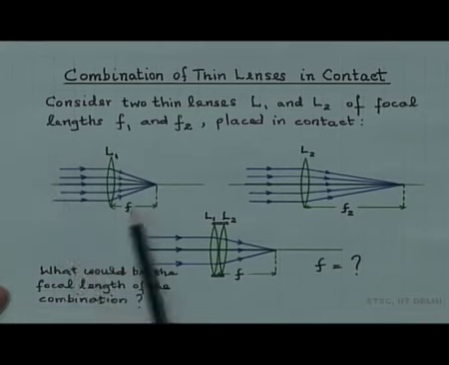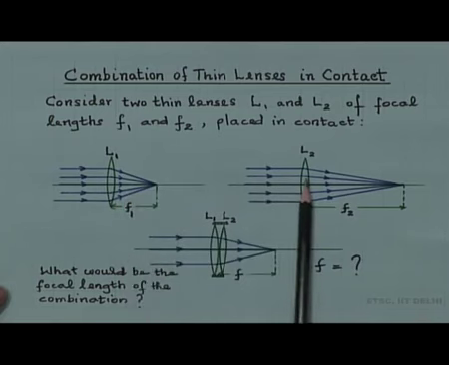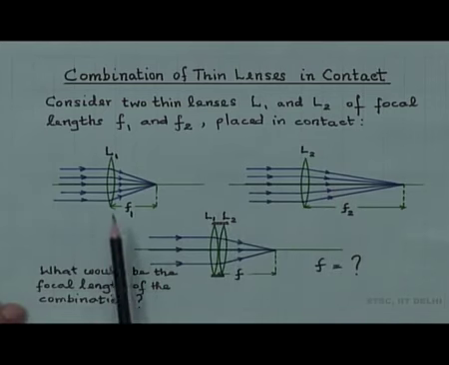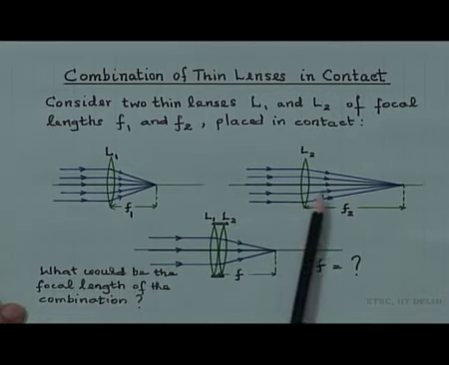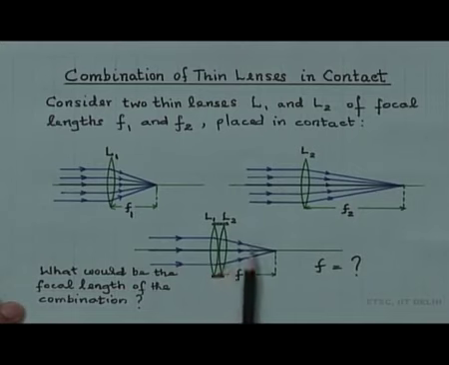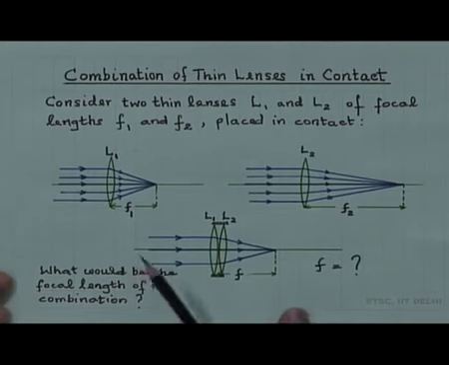I have shown in this case both as convex, biconvex lenses, but it could be one biconvex, one biconcave, or one plano-convex, and etc. But consider two lenses L1 and L2 of focal length F1 and F2 placed in contact. They are just touching each other without any air gap at the center here. There will be some air gap at the ends, but they are just touching each other.